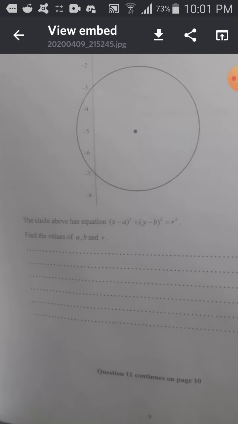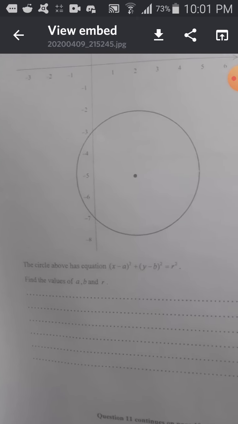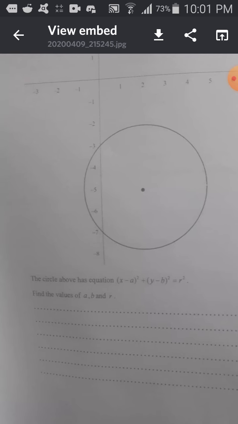And I'll tell you why. It's because a already has a negative sign in front of it, but you're only substituting a, you're not substituting negative a.